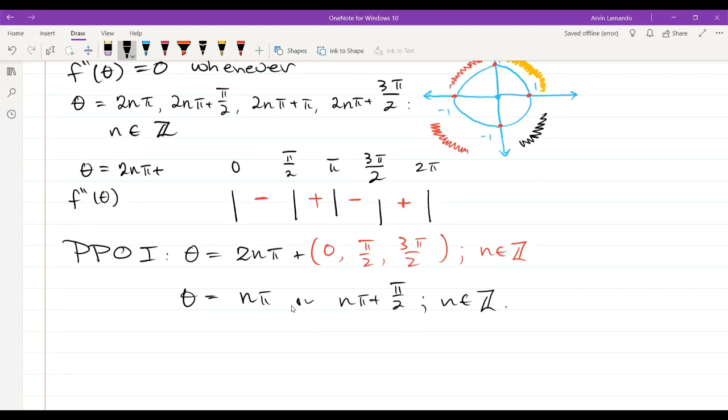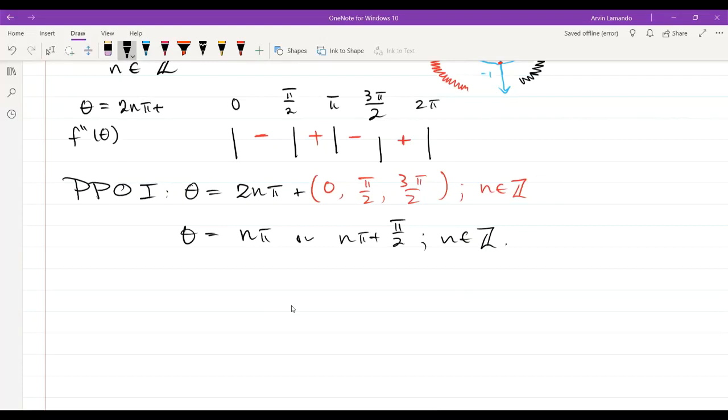And from that table of signs, we also see that f is concave up when theta is in 2n pi plus pi over 2 up until 2n pi plus pi.